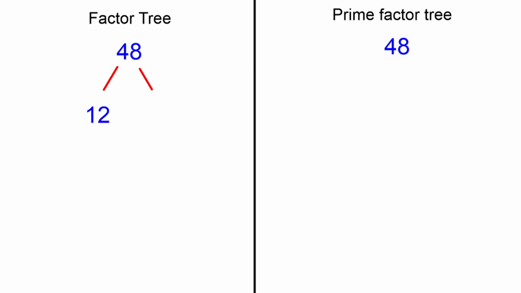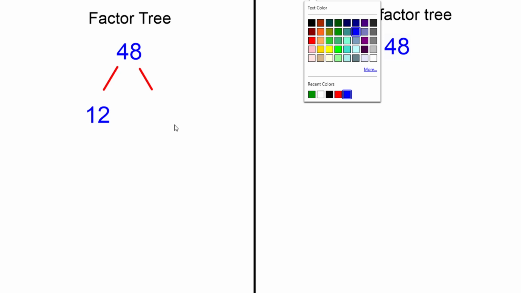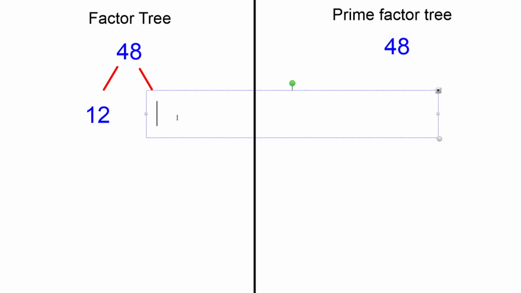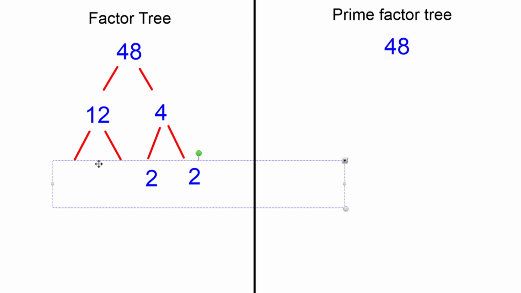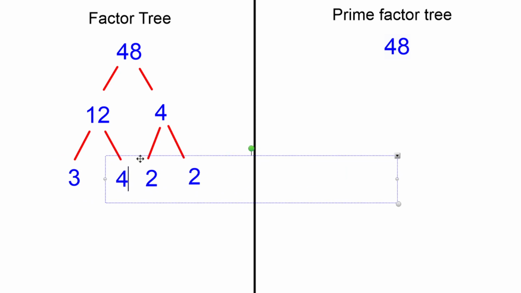If you know me very well, I have OCD, so I can't stand it being different colors. So 12 and 4. If I keep going down further, 2 and 2. Now for 12, I can do different numbers. I can do 4 and 3, 2 and 6. Here, I'm going to choose 3 and 4 because I can branch this 4 down even further.